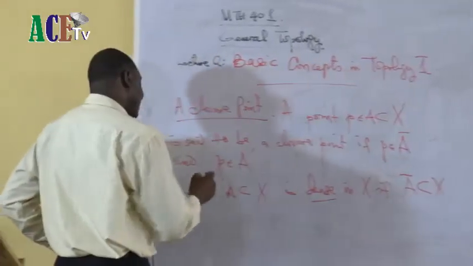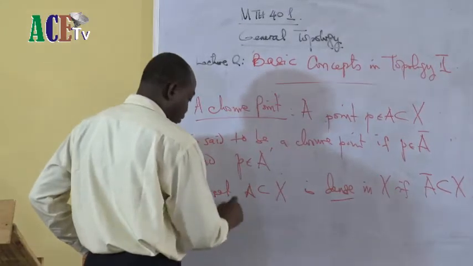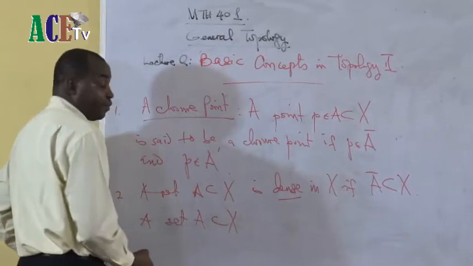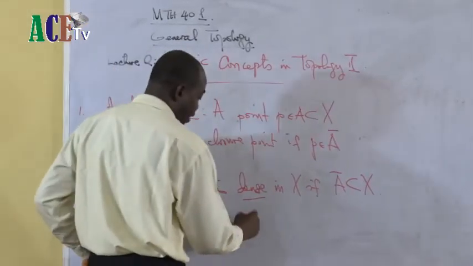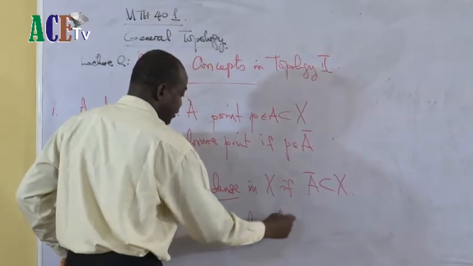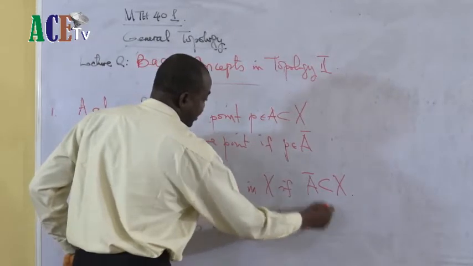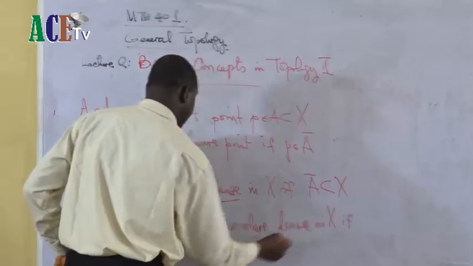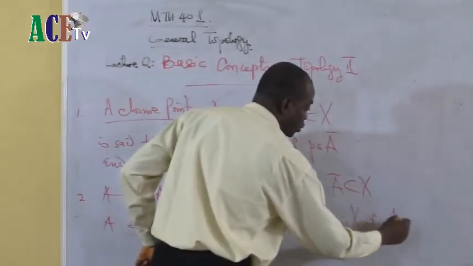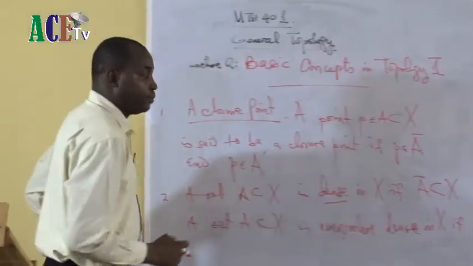Then the set, a subset of X, is everywhere dense, dense in X, if the closure of A is equal to X.